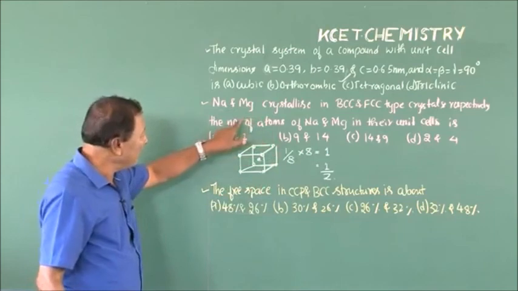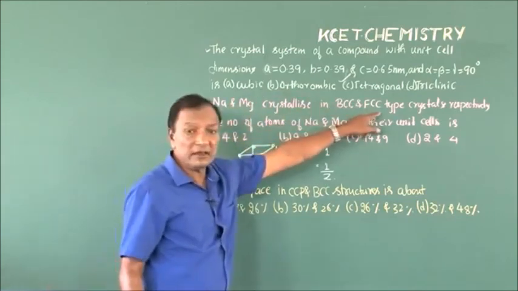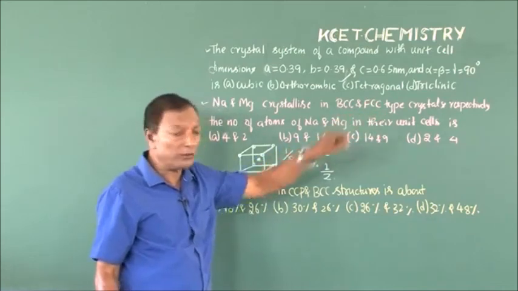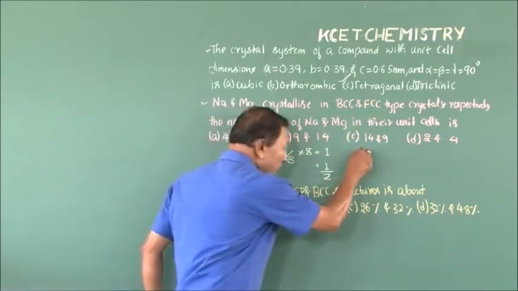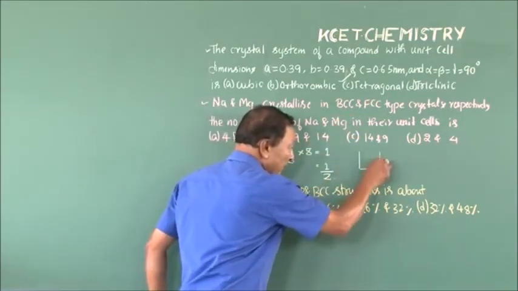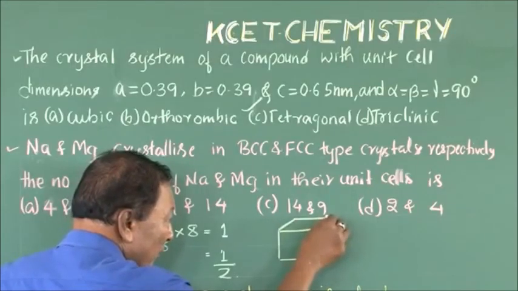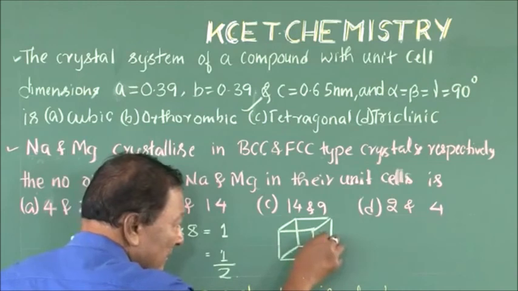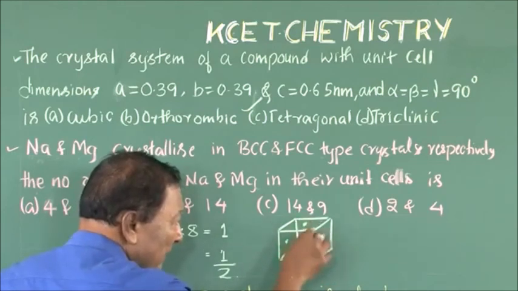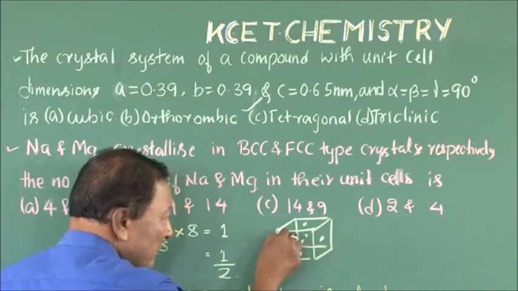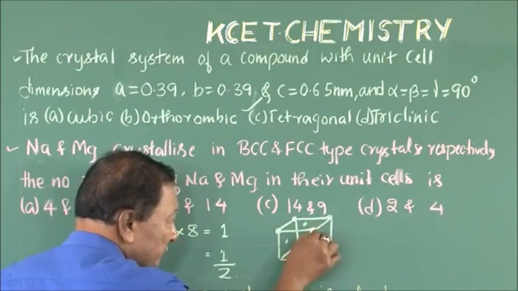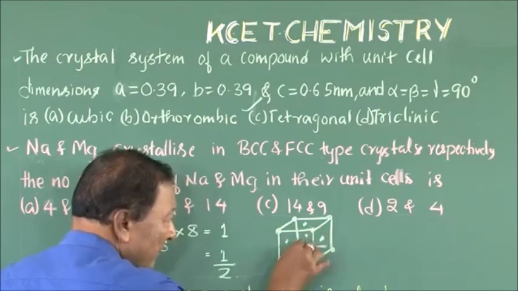While in magnesium, which comes in the FCC type unit cell, face-centered cubic unit cell, that unit cell is shown with the 6 faces carrying the additional particles at their centers, and of course, the corner lattice points are common, and they are a must.